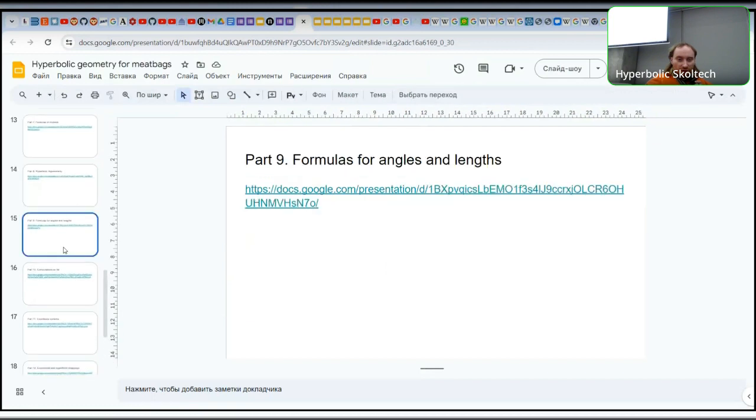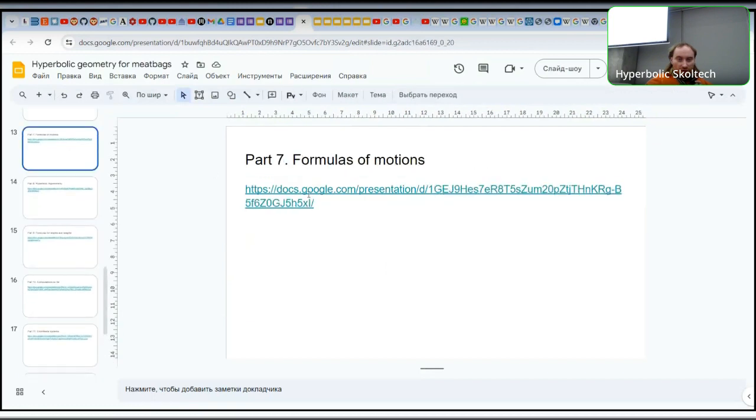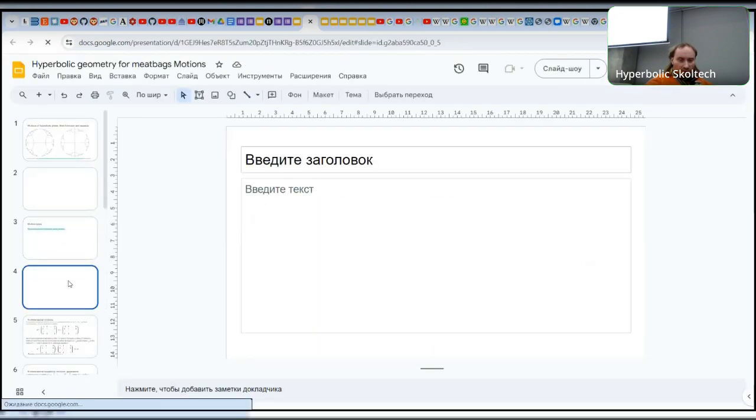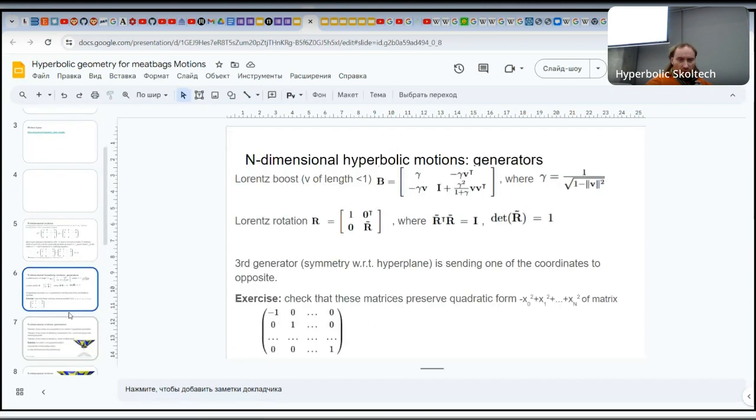So this is like Lorentz boosts and Lorentz rotations. Your gyrators will be Lorentz rotations, and your gyro summation is Lorentz boosting.